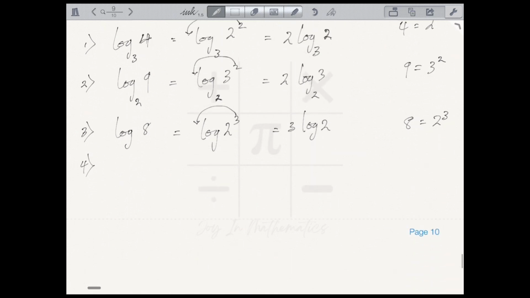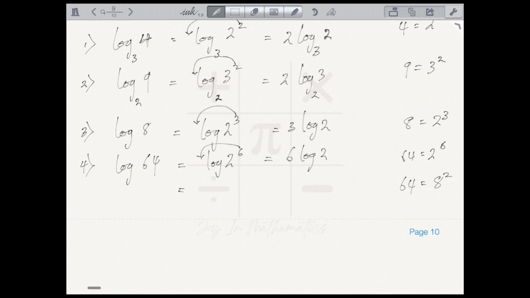Let's look at a more complex one. We have log 64. Now 64 can be written as 2 raised to the power of 6. 64 can also be written as 8 raised to the power of 2. So log 64 can be written as log 2 raised to the power of 6, and this will result in 6 log 2 because the 6 comes to the back.